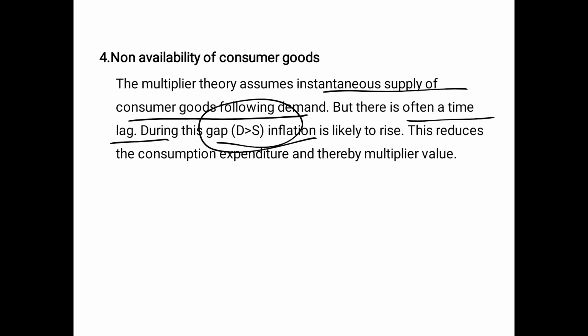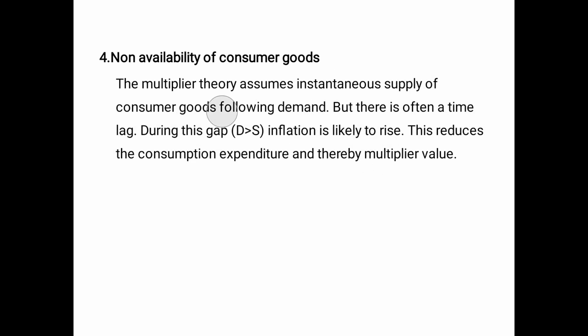Sometimes the demand is very high but the supply is less, or it may be vice versa. During that time, consumption expenditure is reduced. So this is the non-availability of consumer goods, because your demand is high and when the supply becomes very less, the consumption expenditure is reduced.